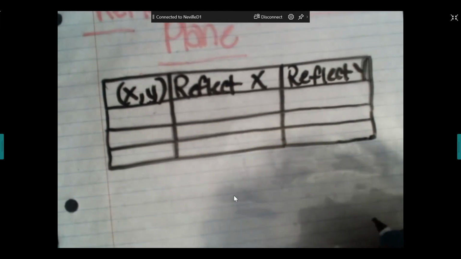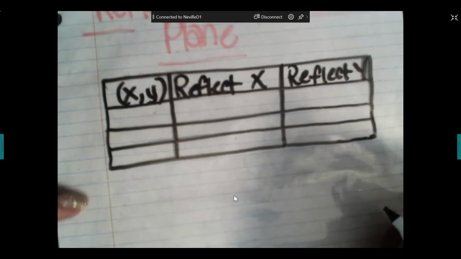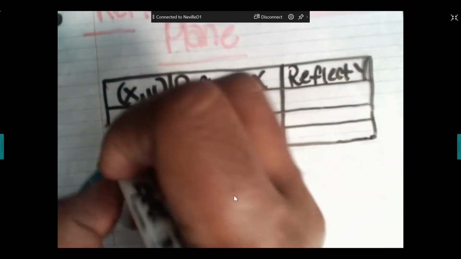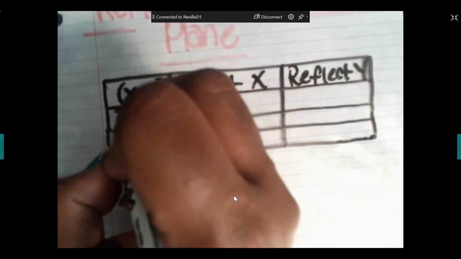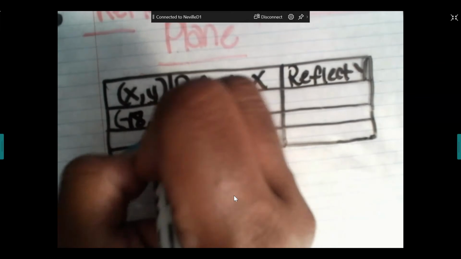And we're going to play with 3 different ordered pairs today. We're going to graph 3 different ordered pairs on our coordinate plane. The first one we're going to do is (-18, 9).